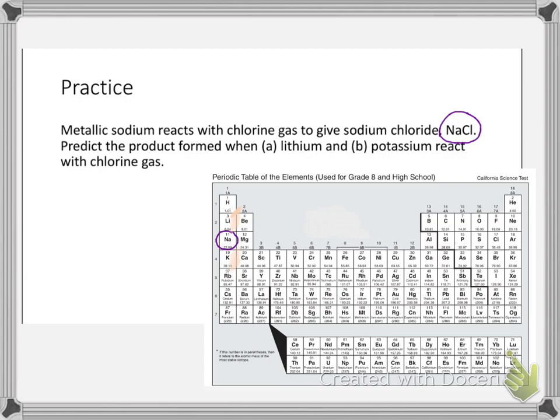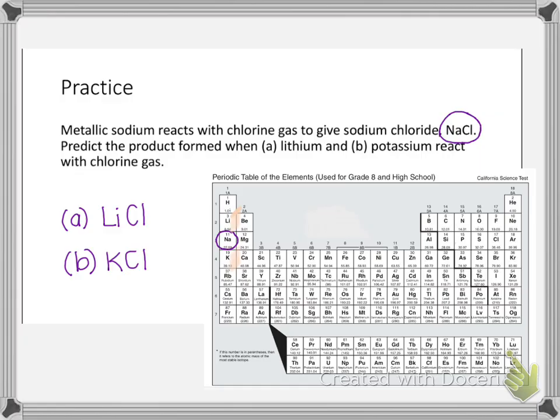So if sodium chloride has a 1-to-1 ratio, then we would predict that lithium also would form a 1-to-1 ratio, and potassium would form a 1-to-1 ratio. On letter A, forming lithium chloride, and letter B, forming potassium chloride.